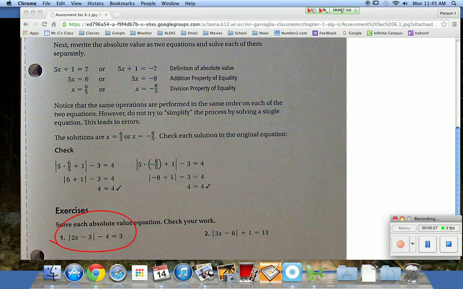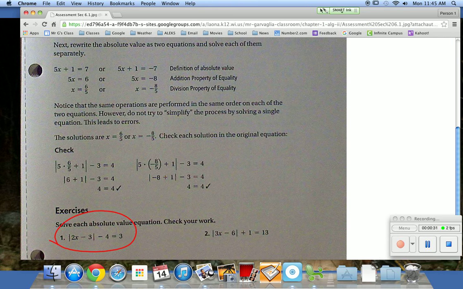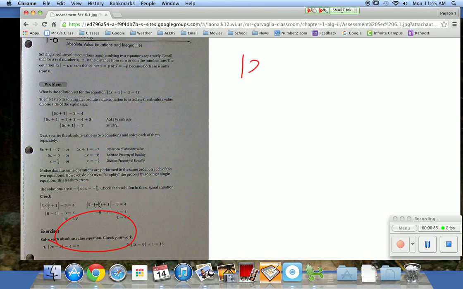Let me rewrite that. Actually, I want to make this smaller so I can have something to write on here. All right. Absolute value of 2x minus 3, and then outside the absolute value is minus 4 equals 3. The first thing we need to do is keep the absolute value by itself.